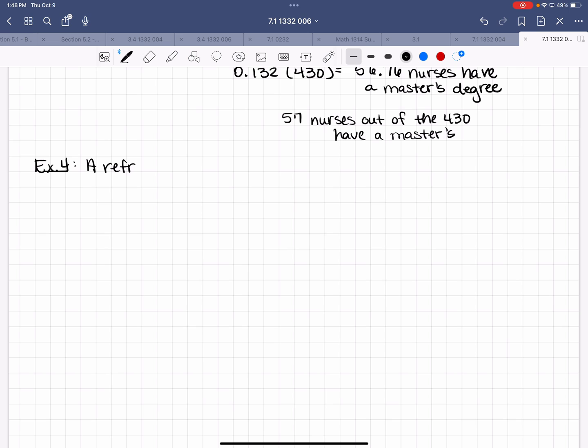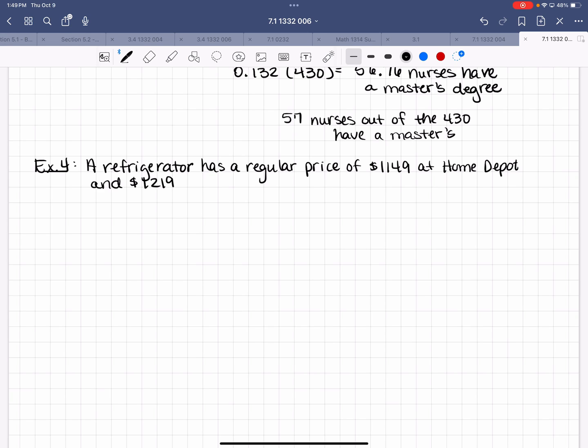A refrigerator has a regular price of $1,149 at Home Depot, and $1,219 at Lowe's. Okay. Home Depot is offering 15% off.